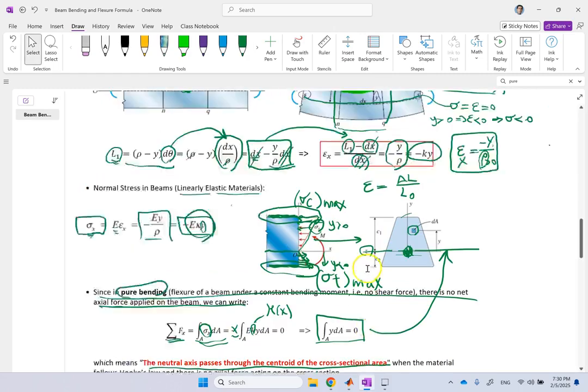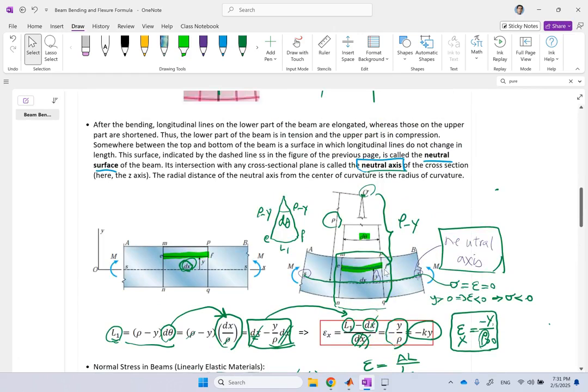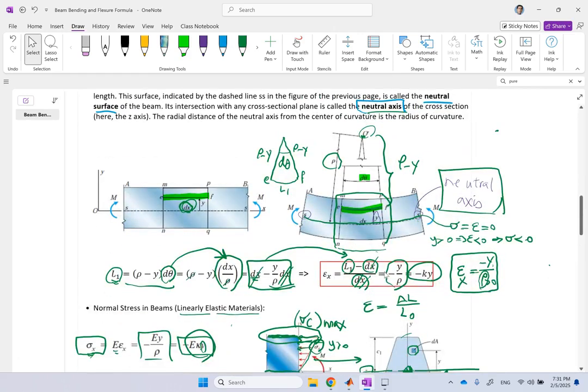Good. Now, with all that in mind, the next big thing we have to discover is what relation exists between this sigma and this bending moment, M. Right? So far, everything was assuming that I know rho or I know K. Well, guess what? I don't.